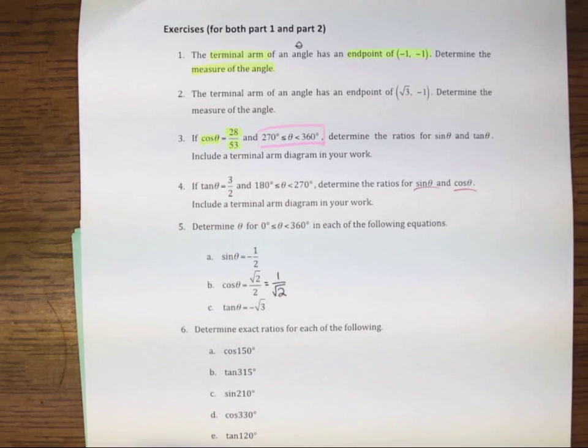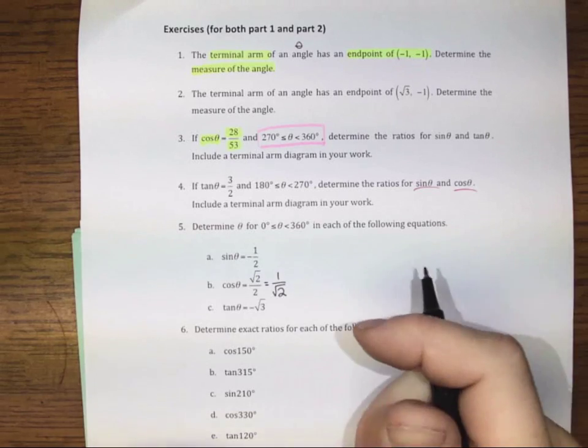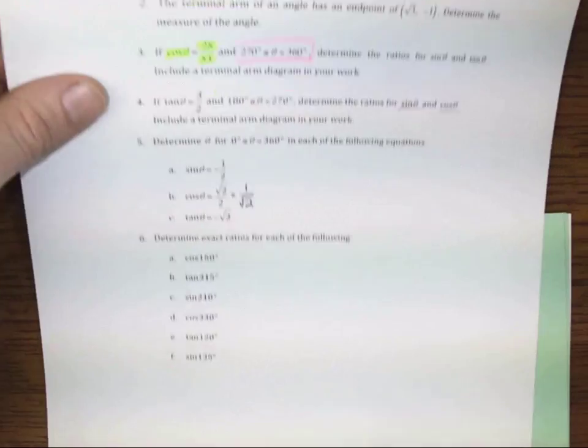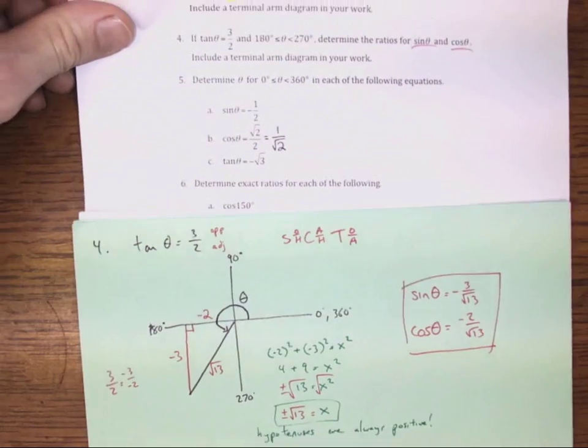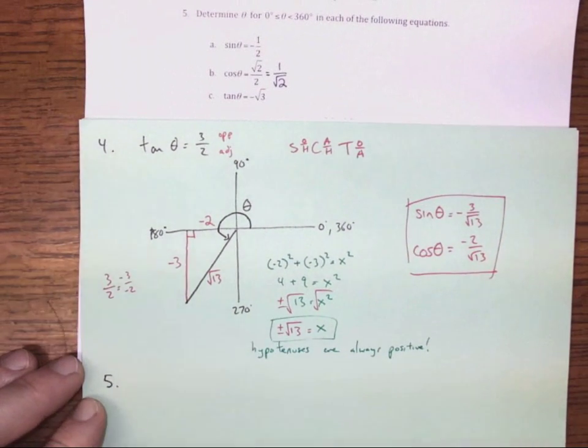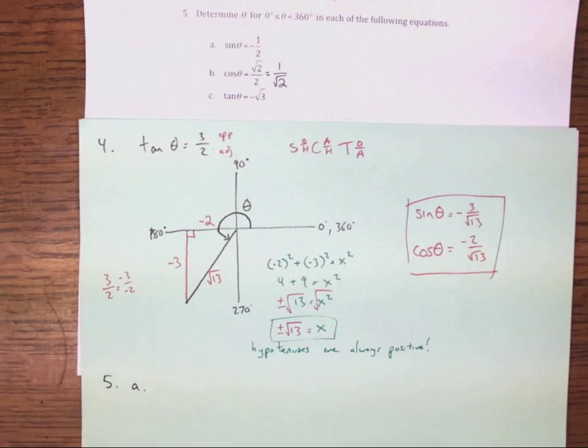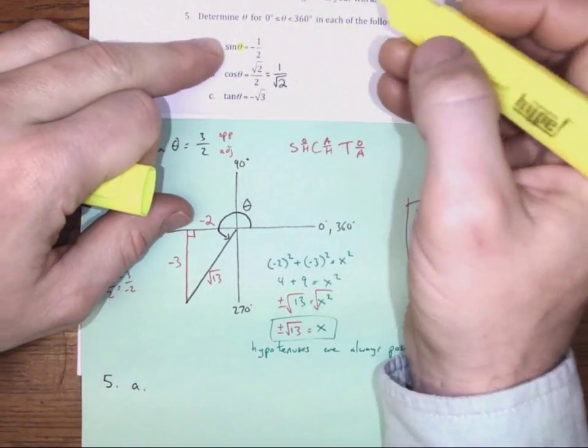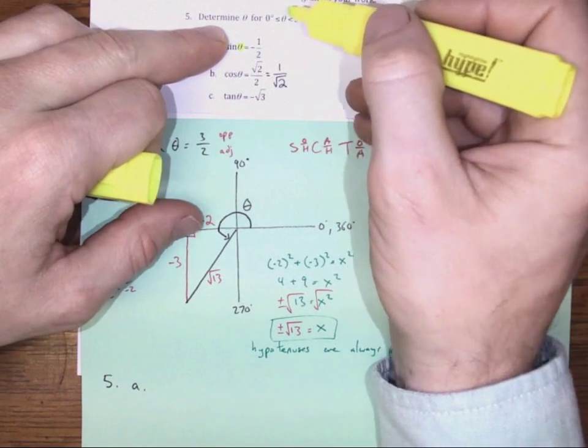All right. So let's read that more carefully here. 5a. All right. So we're asked to determine theta. What angle is such that, oh wait, sorry, I forgot, we made it negative 1 over root 2. Okay.